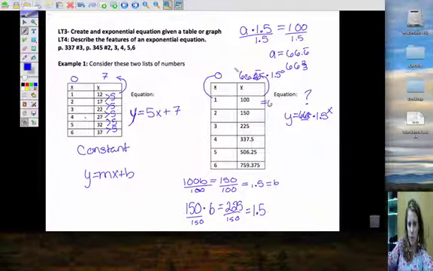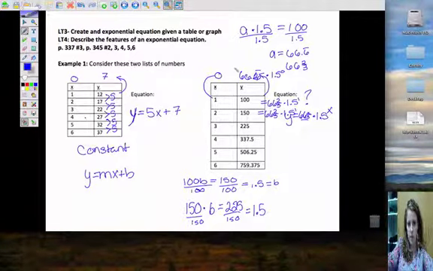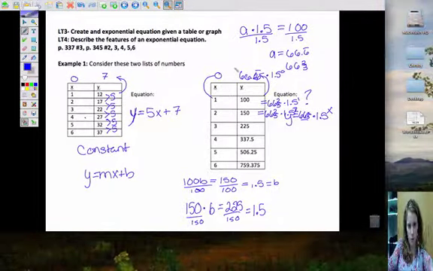This is going to be 66 2/3 times 1.5 to the first power, because 1.5 to the first power is just going to be 1.5, and then that times 66 2/3 is 100. And then what we're going to do is each time we're just adding to that exponent. So this would be 66 2/3 times 1.5 to the second power, to the third power, to the fourth power, fifth power, sixth power, and so on and so forth.